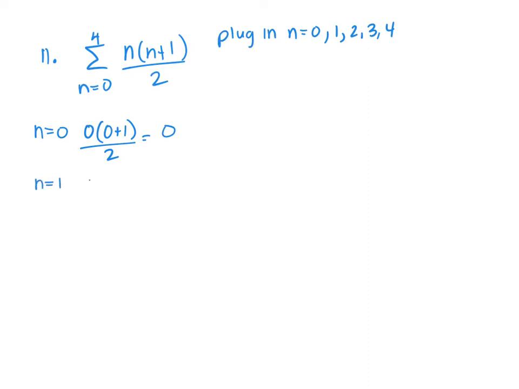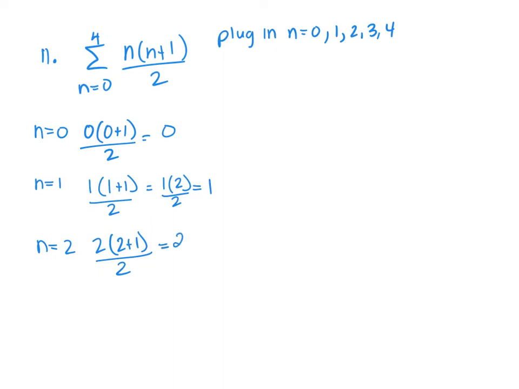Plug in n equals 1. 1 times 1 plus 1 over 2 is 1 times 2 divided by 2, which is 1. Plug in 2. 2 times 2 plus 1 divided by 2 is going to be 2 times 3 divided by 2. The 2's cancel and I just get 3.